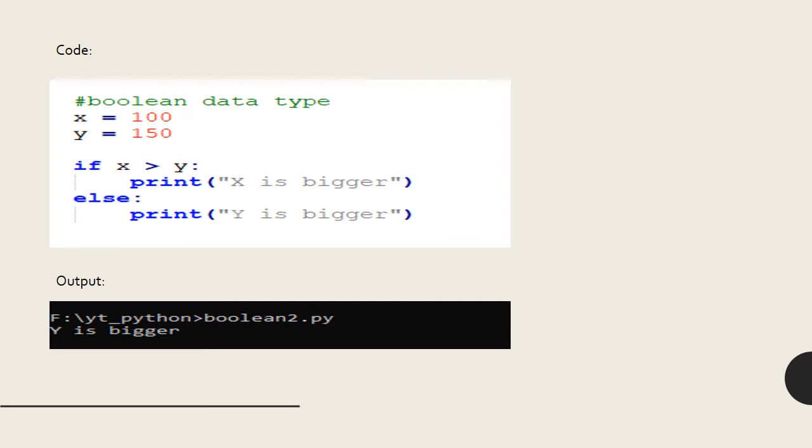Now x greater than y means 100 is greater than 150, which is already false, as you can tell by looking at it. So with the false answer it goes to the else part and prints y is bigger, and you get the output y is bigger in this program.